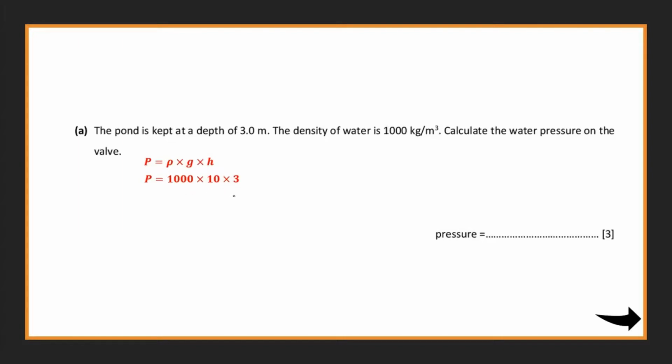Multiply all of them. We get pressure equals 30,000 Pascal. Let's fill this into the provided space. Pressure equals 30,000 Pascal.